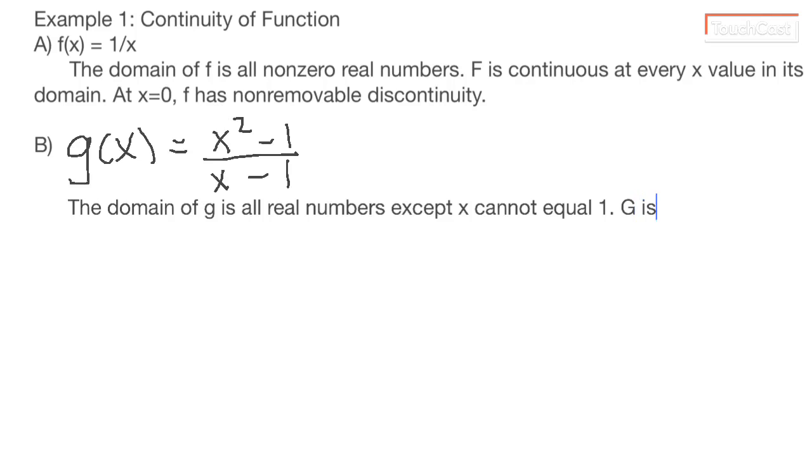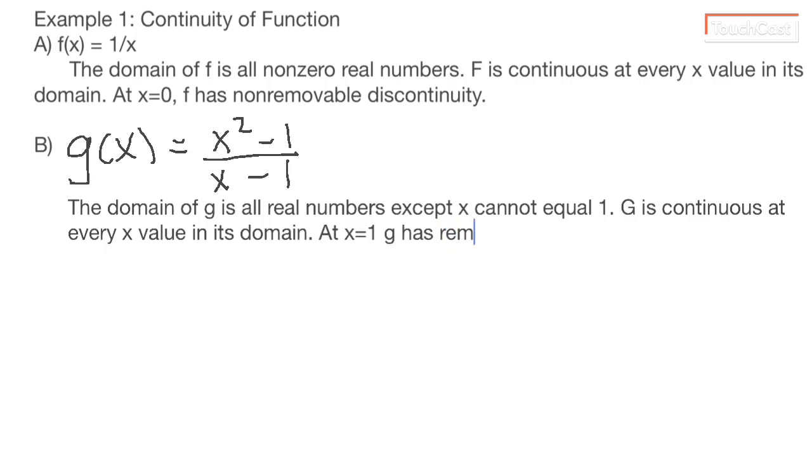G is continuous at every x value in its domain, however, unlike our previous example, this one is going to have removable discontinuity. So at x equal 1, g has removable discontinuity.